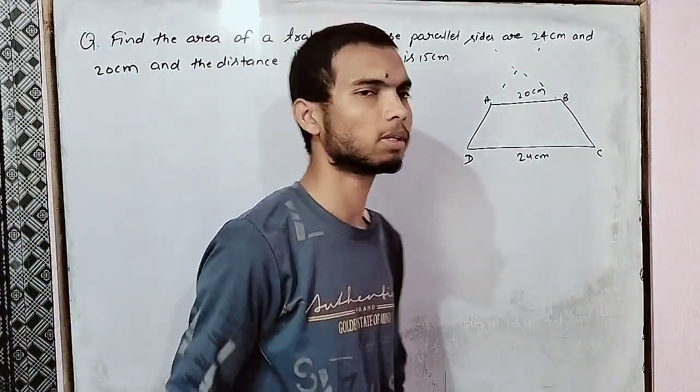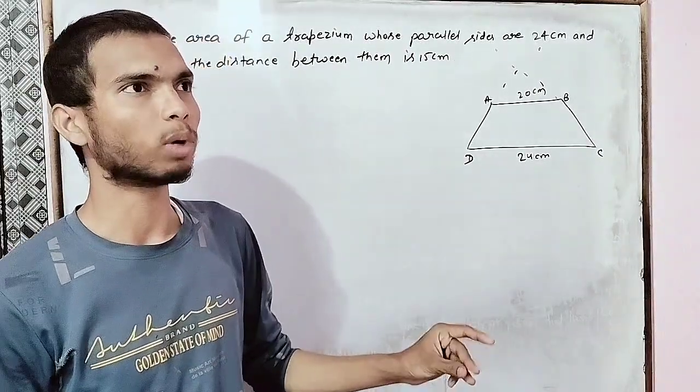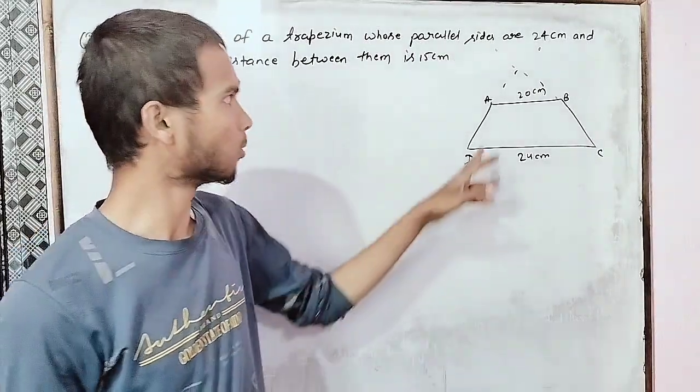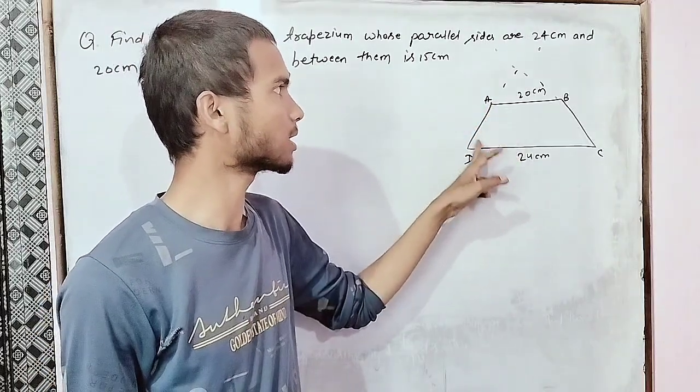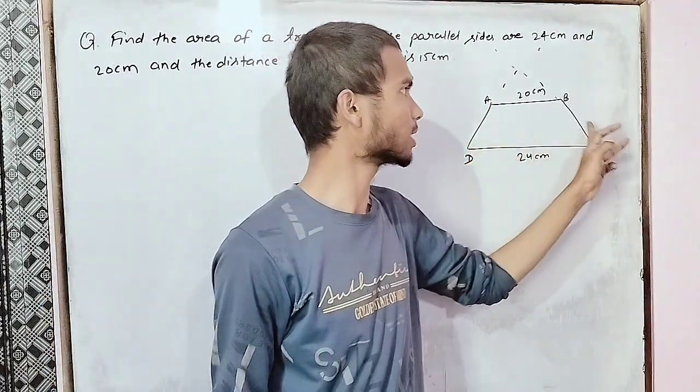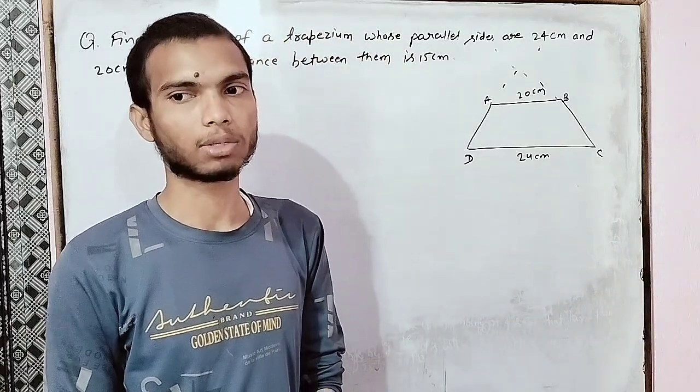Now, the formula of this trapezium will be what? 1 by 2. Why? Because here we have a triangle. When we cut this and put it aside, we will have a rectangle.